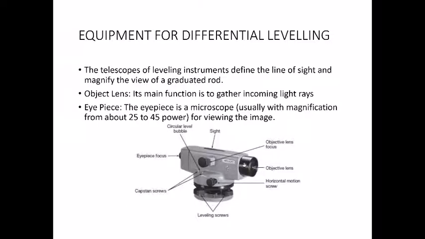So instead of moving the instrument with your hand, we use this horizontal slow motion screw. If you rotate it, it rotates the instrument very slightly so that the image does not change too quickly, so that your leveling staff does not get out of view. If you move it with your hand, there's a chance that it will get out of view and then you'll have to reposition yourself again. So if you want to move the image slightly, then we make use of this horizontal slow motion screw.